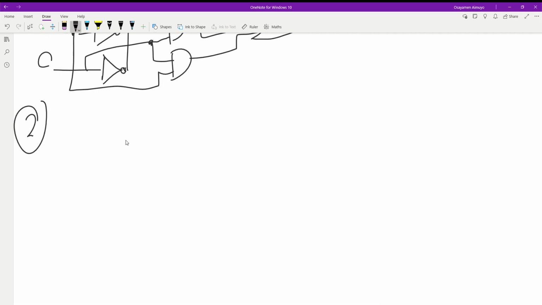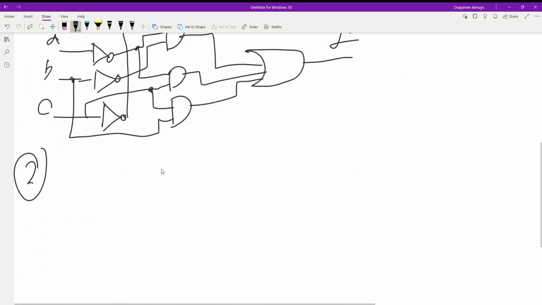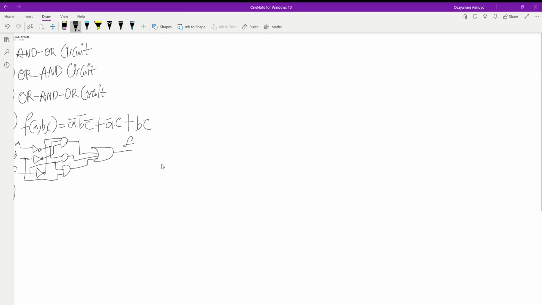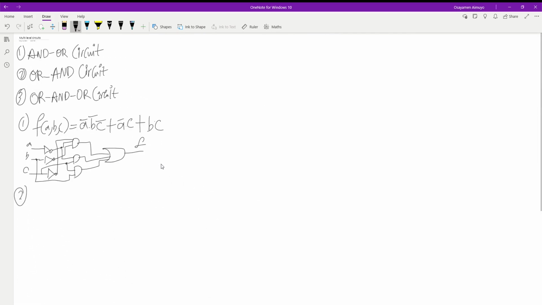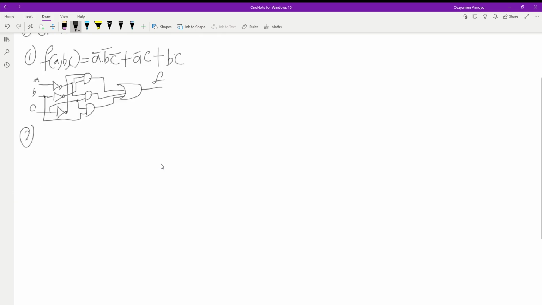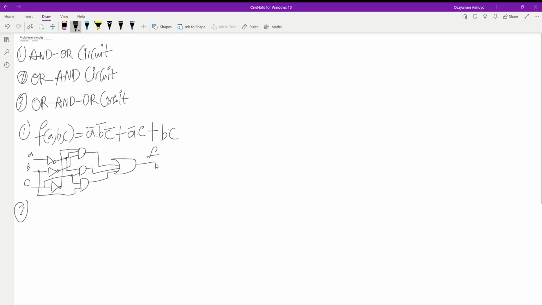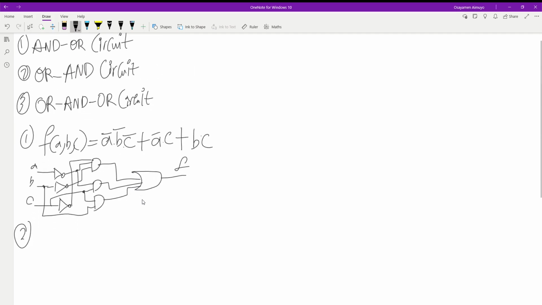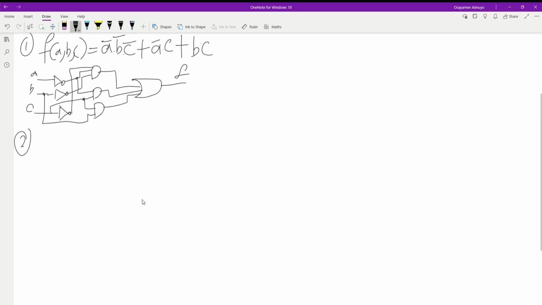So the second one is the OR-AND. Let me zoom this out. Okay. So the OR-AND. So for this, it's basically, like I said, this should have the format for the max terms.